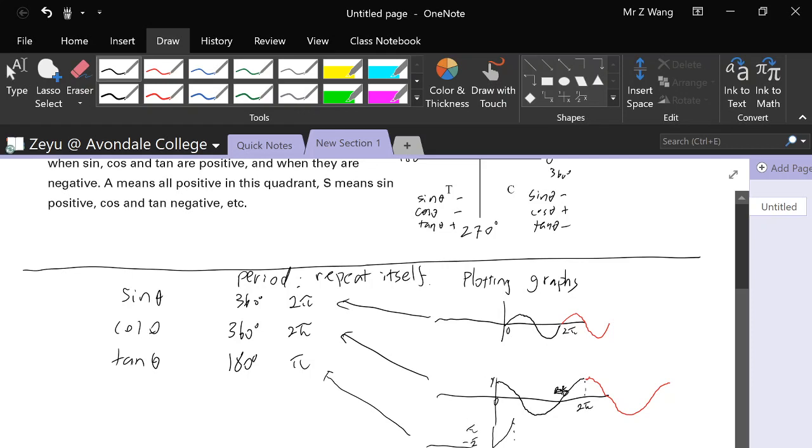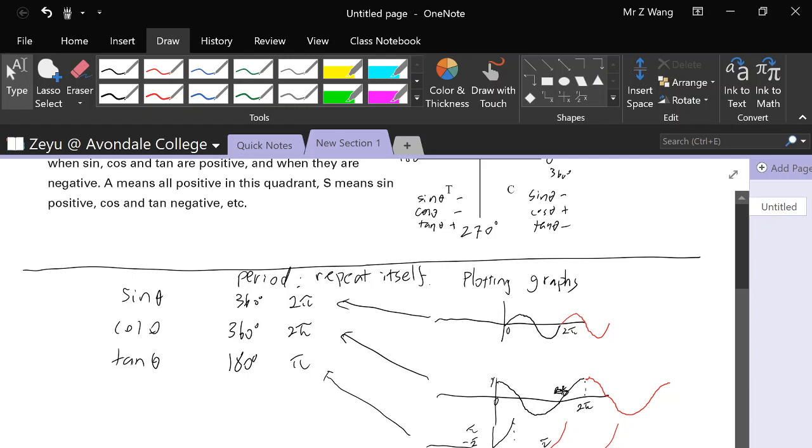It doesn't matter if it starts from 0, so long as it repeats itself every 180 degrees. So what I mean is this. And then we know this is pi. This is 0. So this is my personal preference, how to use this graph to help you.